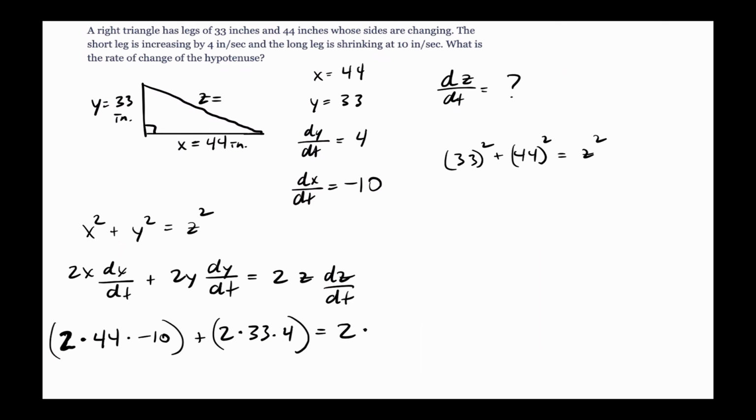So 1089 plus 1936 equals z squared. 3025 equals z squared, and I get 55.